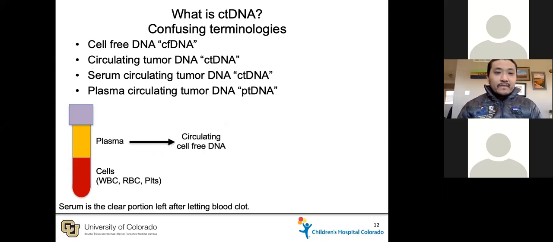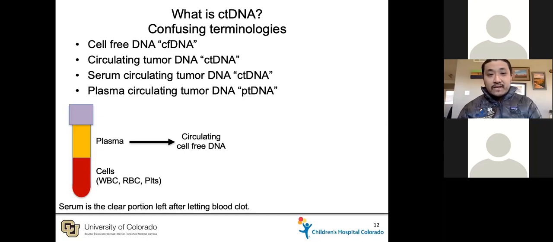First of all, serum is the clear portion left after you let the blood sit and clot. It's now widely recognized that serum has much less sensitivity for circulating tumor DNA. When you spin plasma and collect DNA from there, that is defined as circulating cell-free DNA.